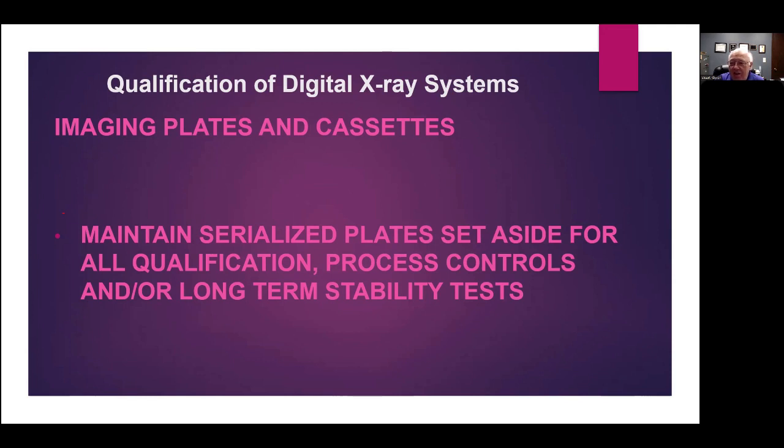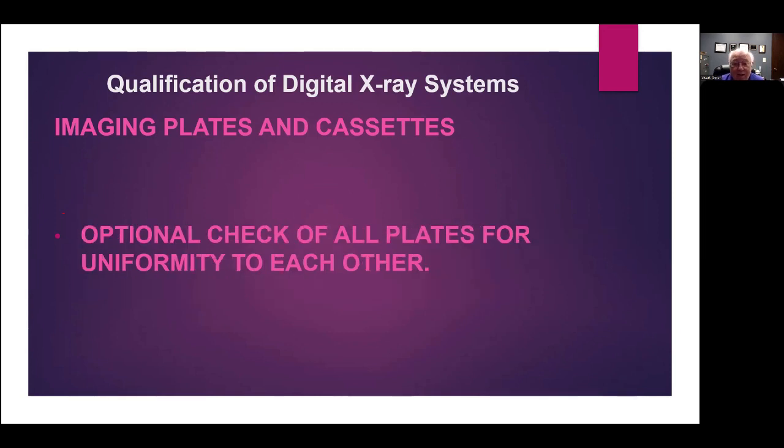That way they're not beat out and worn out and used every day, so that you're getting the same kind of test results all the time. Then there's an optional test. Some customers and some specifications say, check every plate and take the percentage variation and compare it to all other plates that you have, and they all have to be within a certain percentage. So again, this is an optional test.